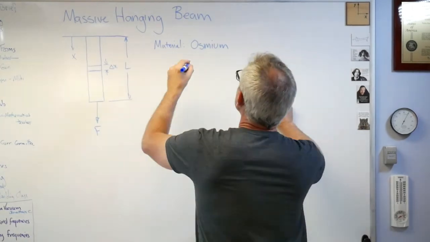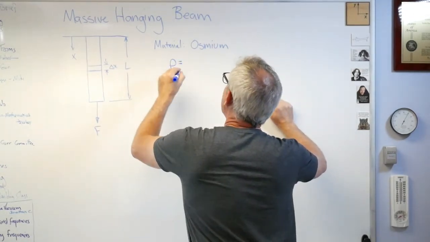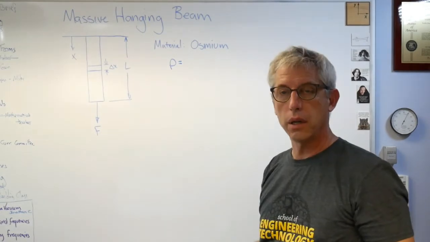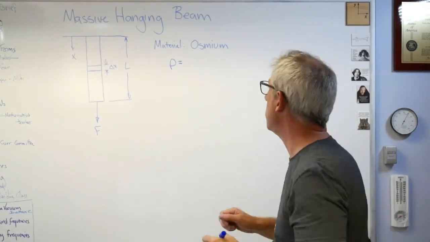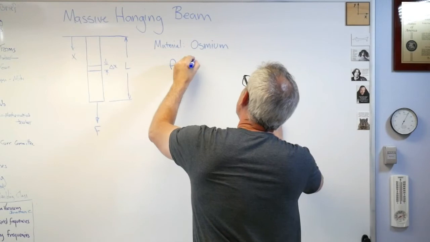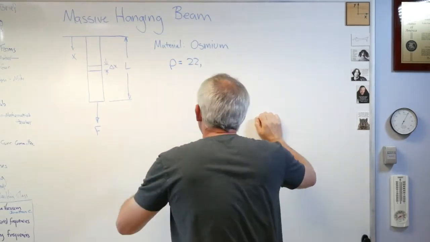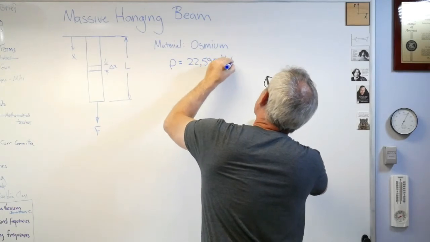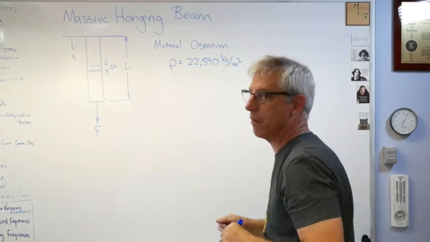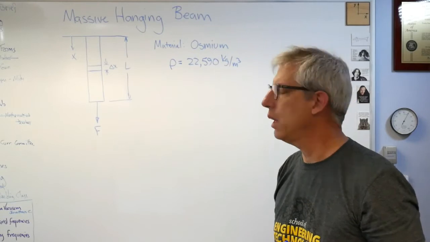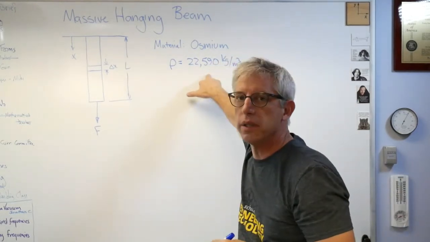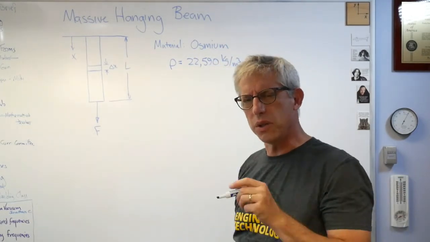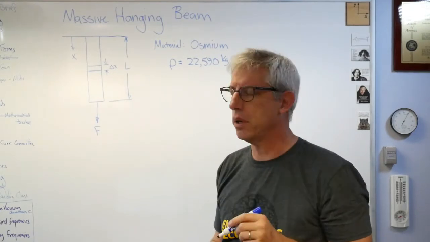The density of steel is about 7,850 kilograms per cubic meter. For osmium, it's 22,590 kilograms per cubic meter. So it's almost 3 times as dense as steel. Wow. Now, it gets used in some pretty weird places. According to Wikipedia, it gets used in the ends of fountain pens. I don't know, check that out.